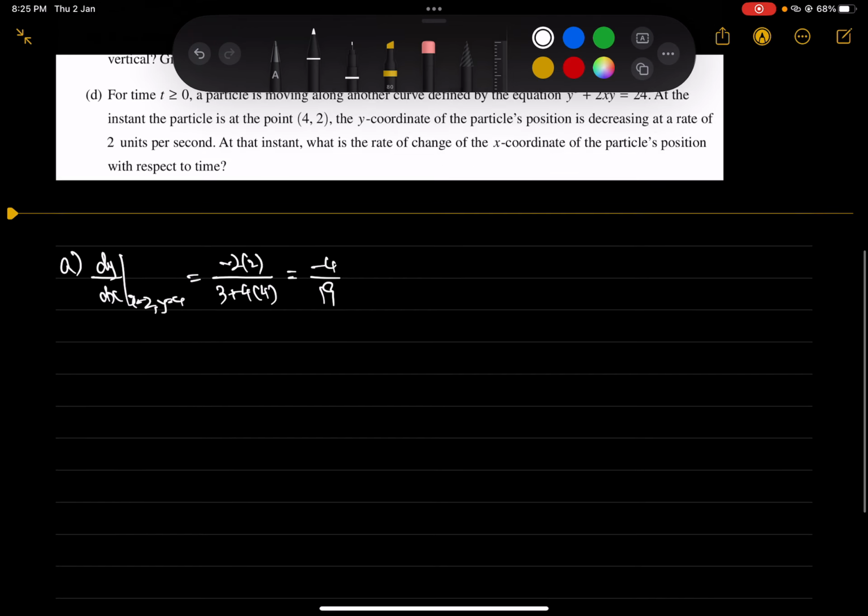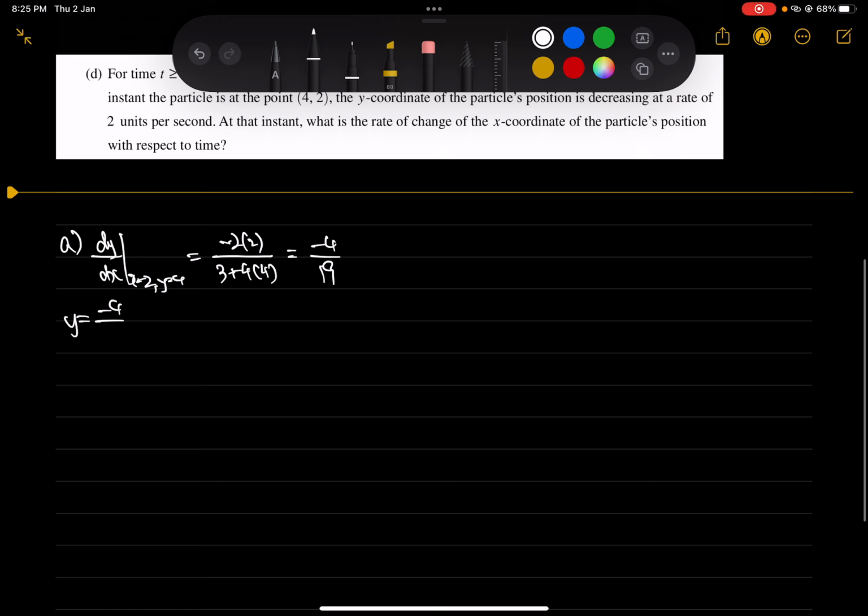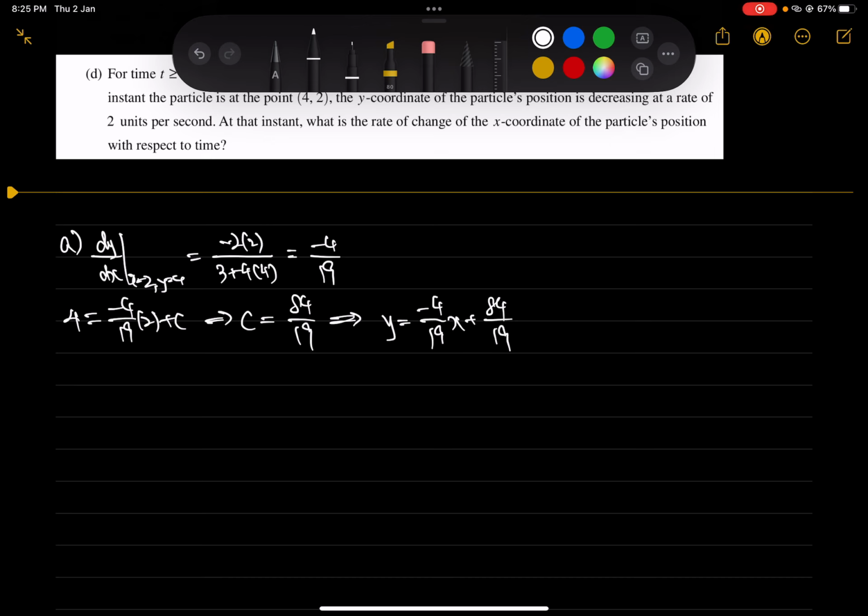So we could say y equals negative 4/19 x plus c, which means 4 equals negative 4/19 times 2 plus c, which implies c is just 4 plus 8/19, so that's 76 plus 8, which is 84, which implies y equals negative 4/19 x plus 84/19.